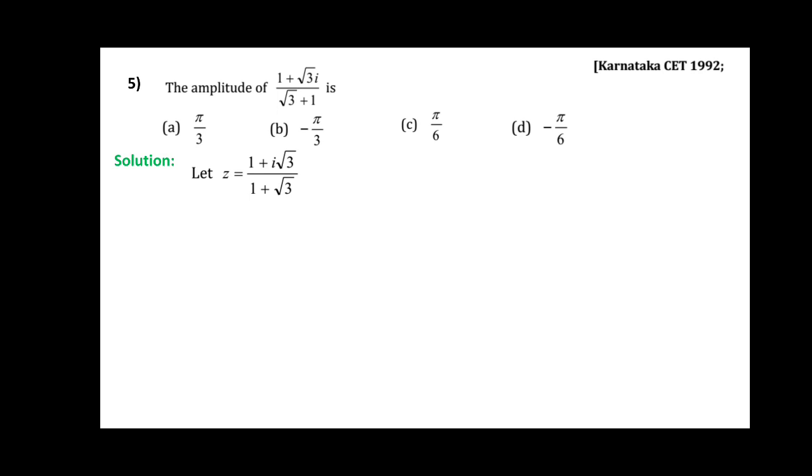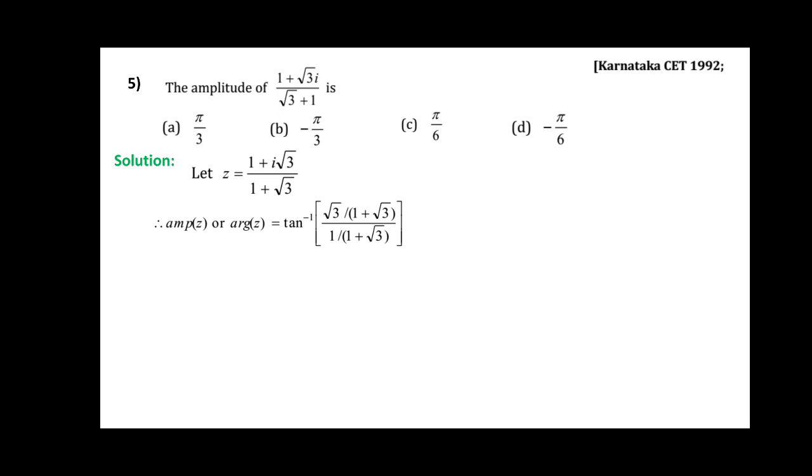Therefore a becomes 1 divided by 1 plus root 3 and b becomes root 3 by 1 plus root 3, after dividing separately by 1 plus root 3. Therefore the amplitude or argument of z will be equal to tan inverse of b by a. So b is root 3 by 1 plus root 3, divided by a, that is 1 divided by 1 plus root 3.